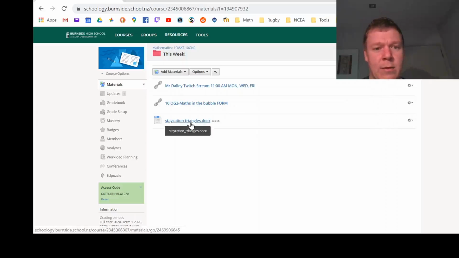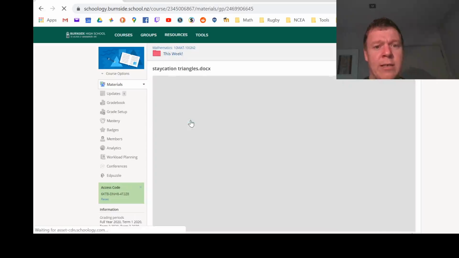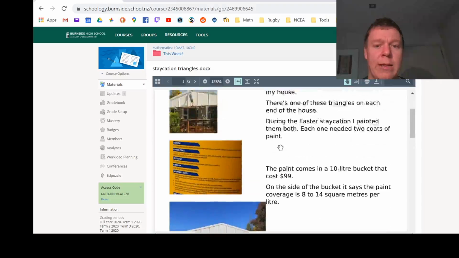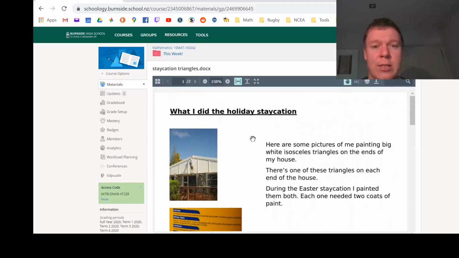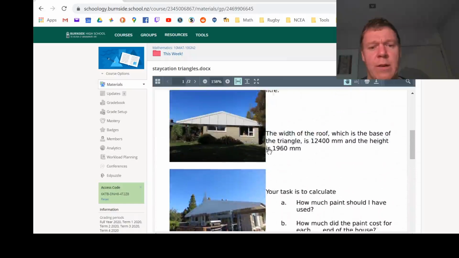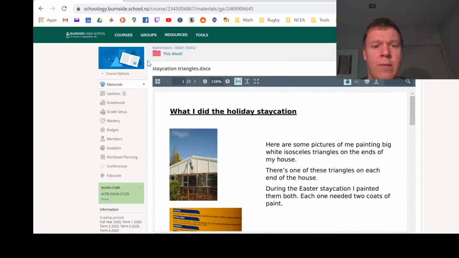And this triangles activity, you can access that. You can print it off, or you could just have it up on your screen and work out the answers at home. This is something another teacher made up, so I'm just going to use that. So I'll run through the answers for that next session.